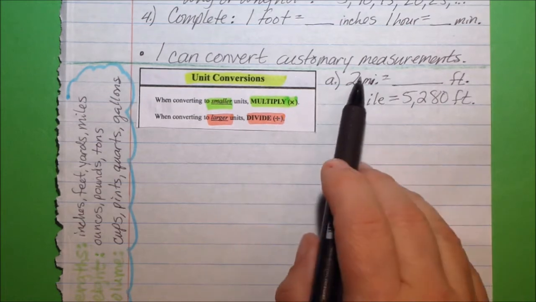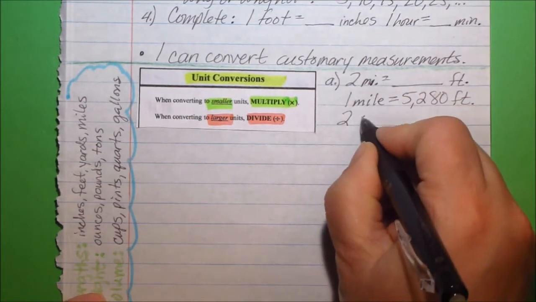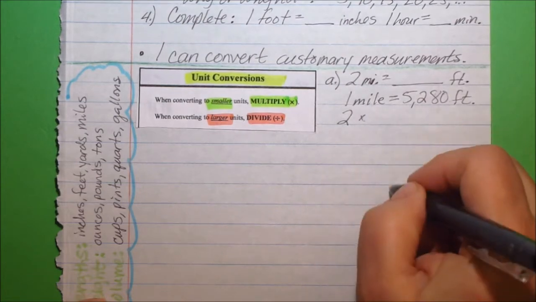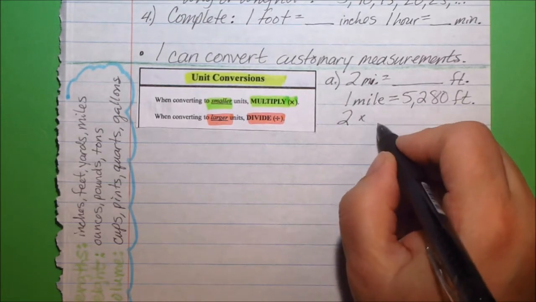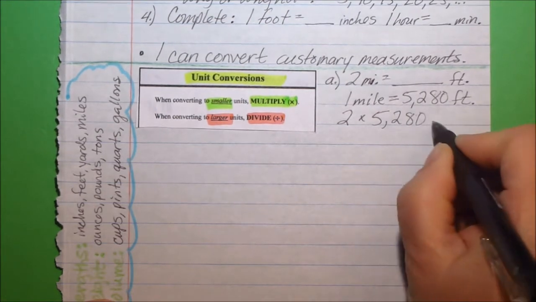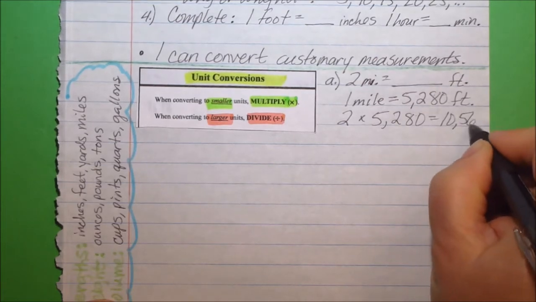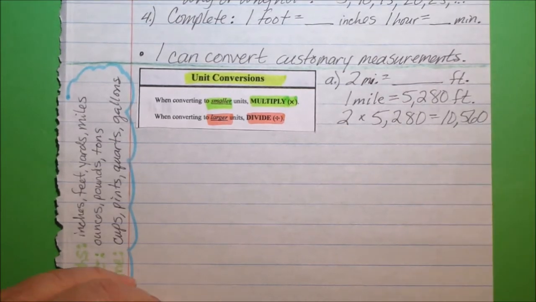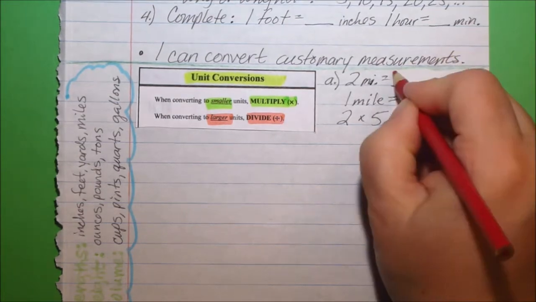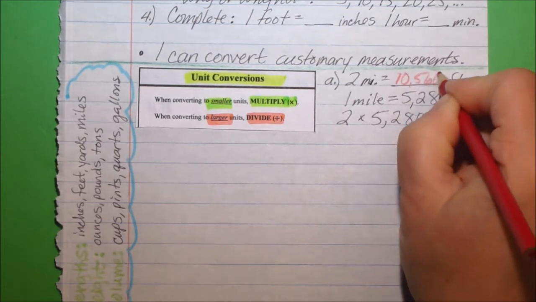And we're going to multiply this 2 here times whatever 1 mile is to figure out how many 2 miles is. So 2 times 5,280 equals 10,560. All right. So I know that 2 miles equals 10,560 feet.